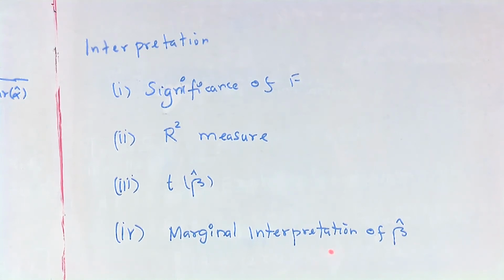There is a marginal interpretation of the meaning of beta hat. That is, beta hat is the measure of variation in y with respect to a unit change in x.